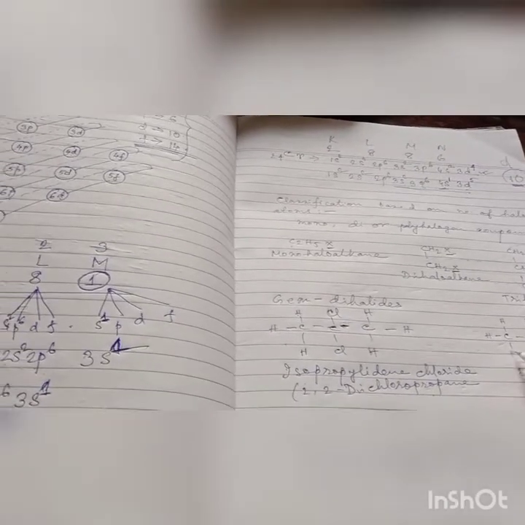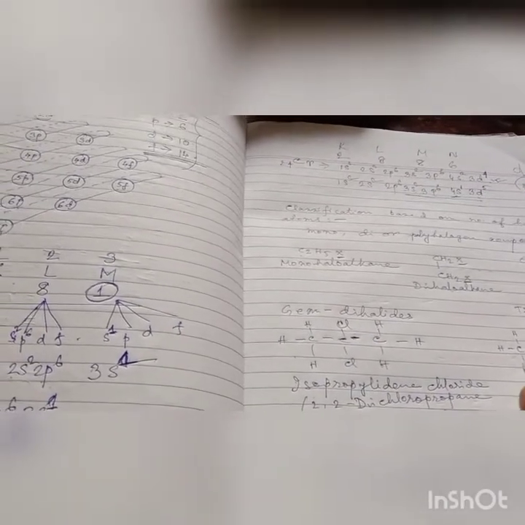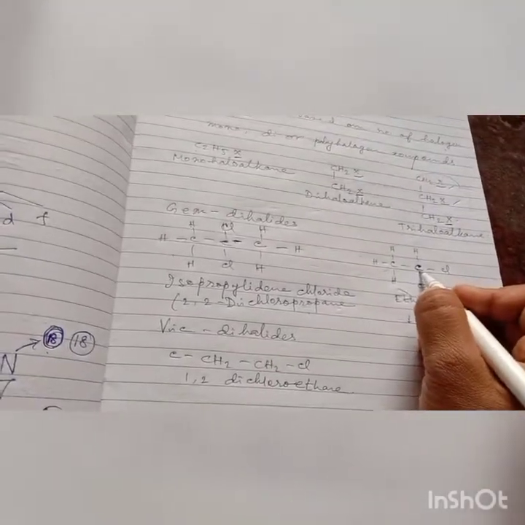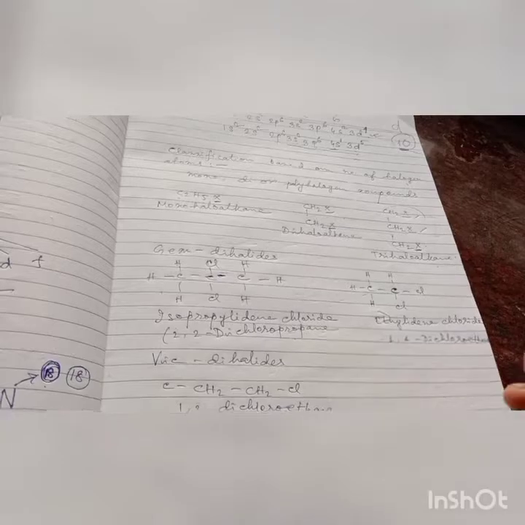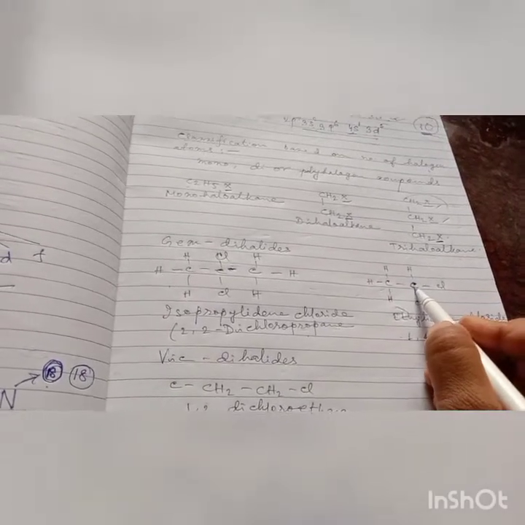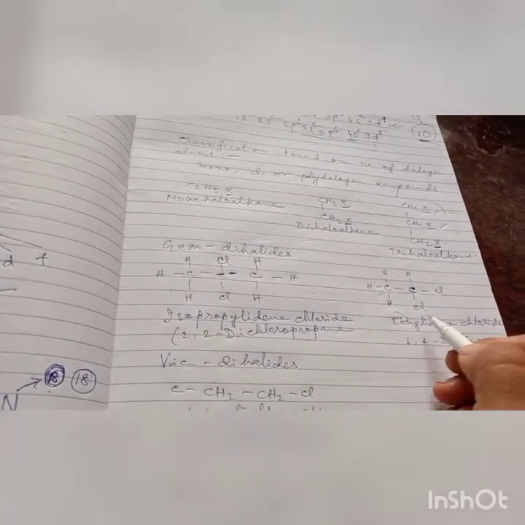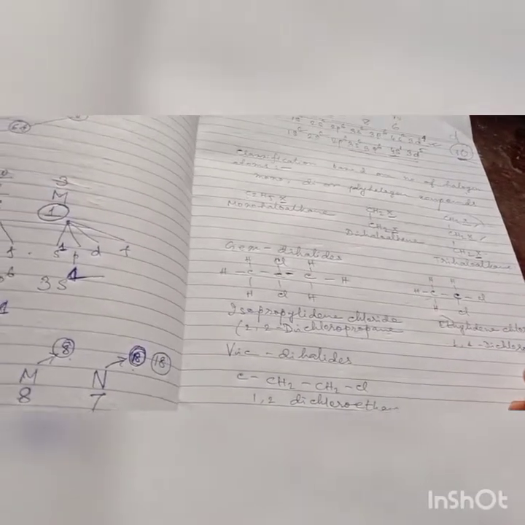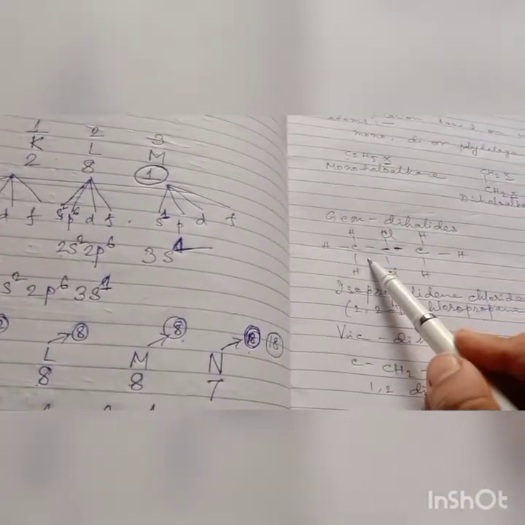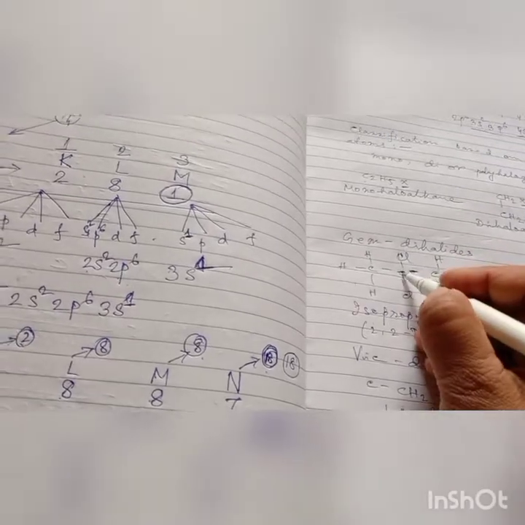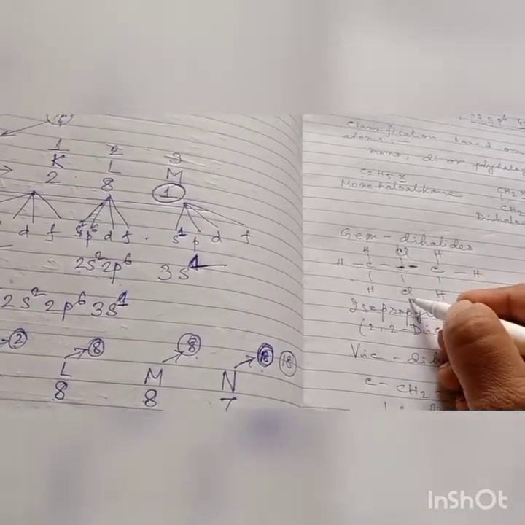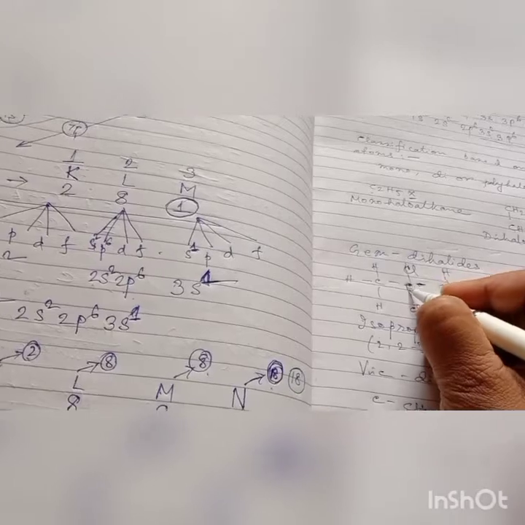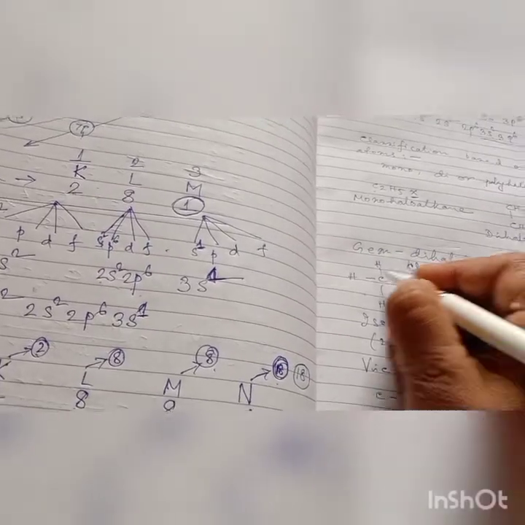You can take the halogen atoms from any one of your sides, left or right, whatever it is. So here the first carbon atom contains 2 chlorine atoms, so this is called 1,1-dichloroethane.